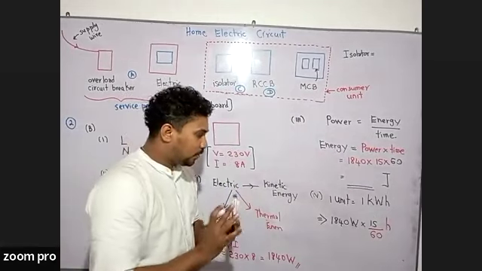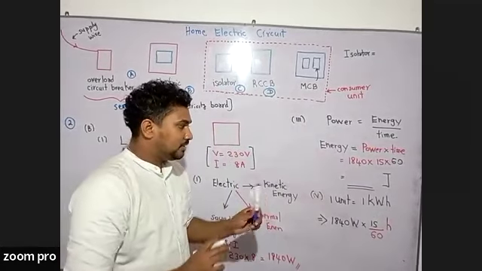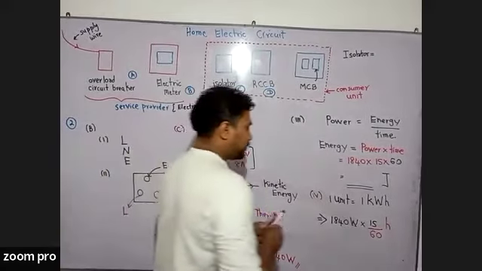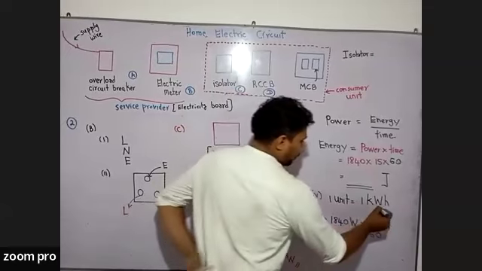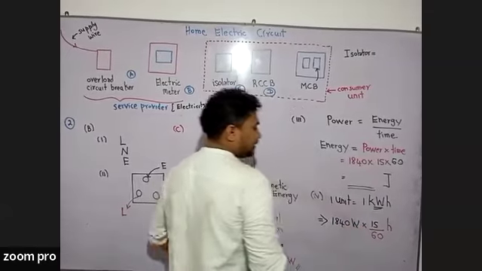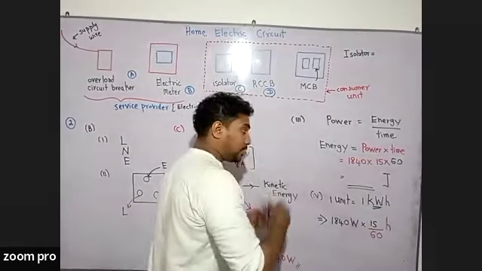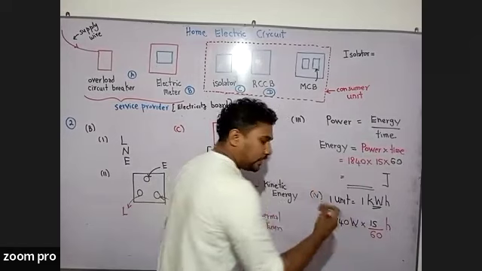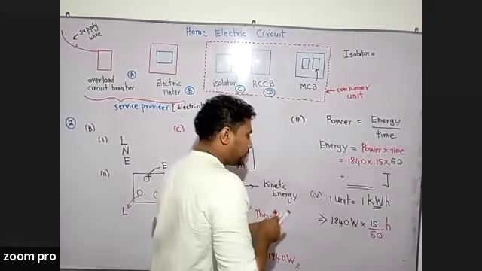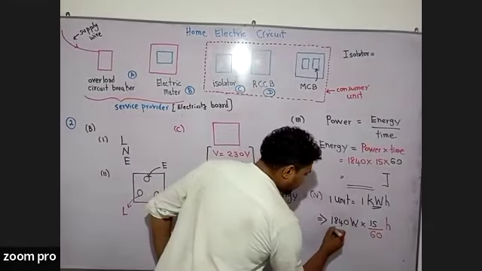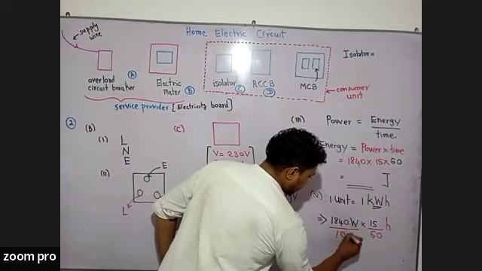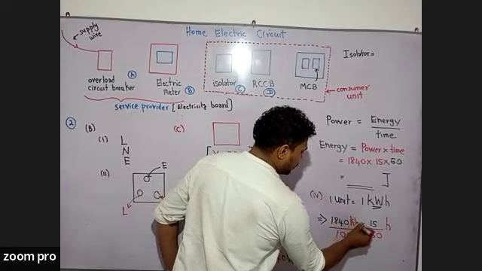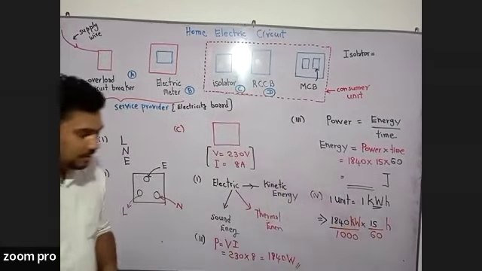So now we have already converted the particular units, but there's a small issue that we need to perform. Normally what should be given is kilowatt. So in order to convert this watt value into kilowatt, we have to divide it by 1000. Then this can be considered as kilowatt, right?